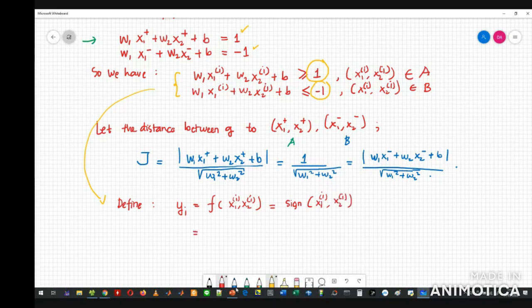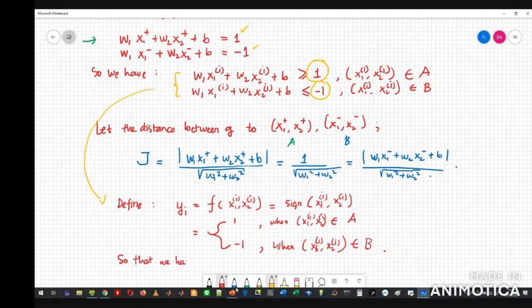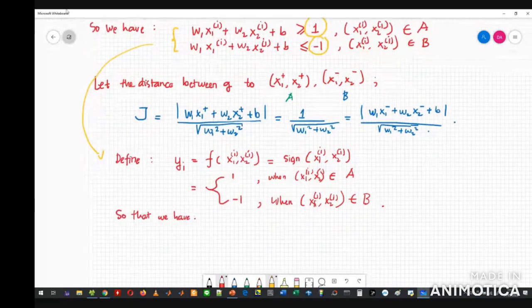What is the sign? It is positive when x1, x2 belong to class A, and y is minus when x1, x2 i belong to class B. So we eliminate these two into one formula.